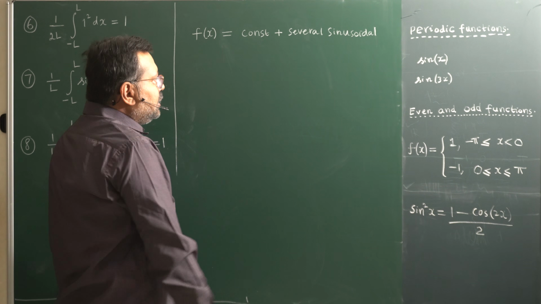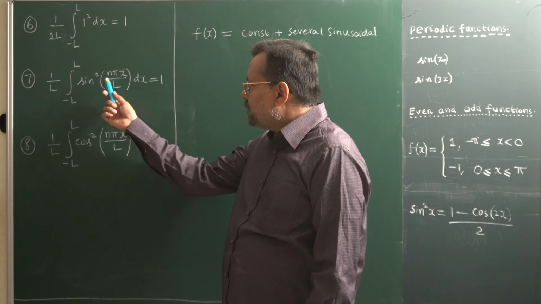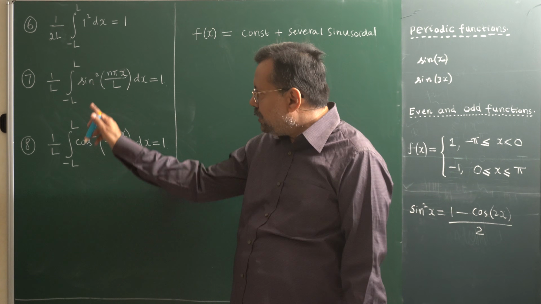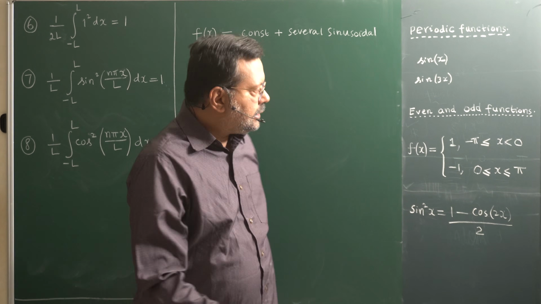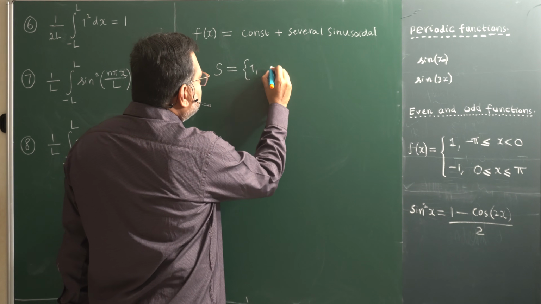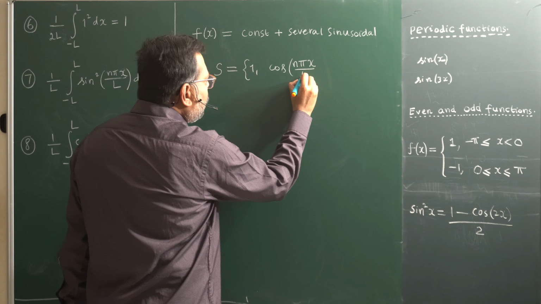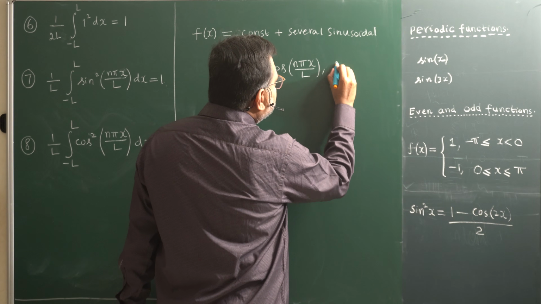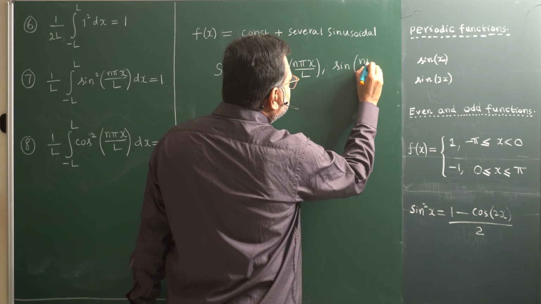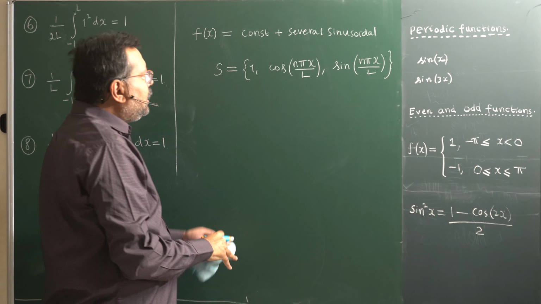Then plus several sinusoidals. Sinusoidal means a combination of sine and cos. Forget about square here. We have a set here. The set is equal to 1, cos of n pi x by L, then sine of n pi x by L. So what do you understand from the set now?